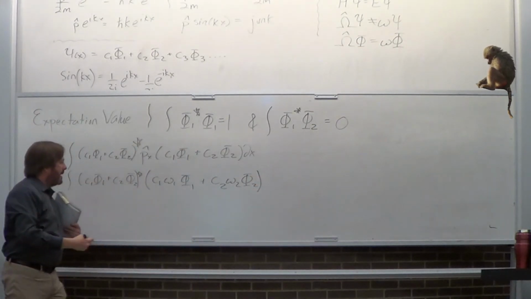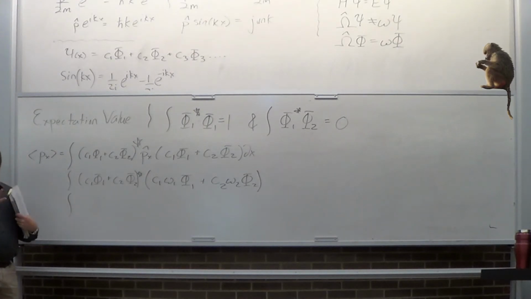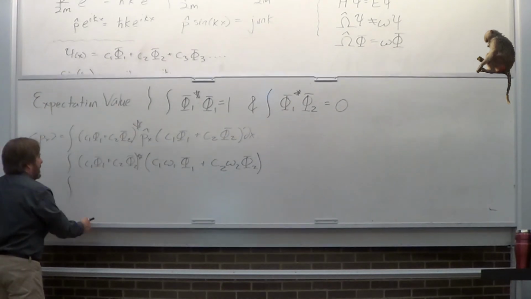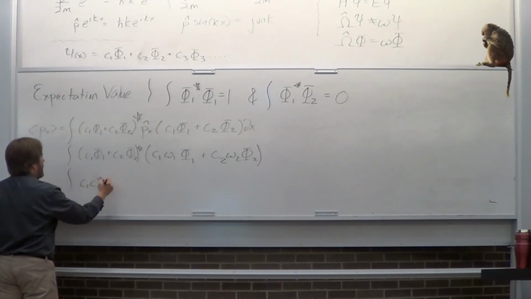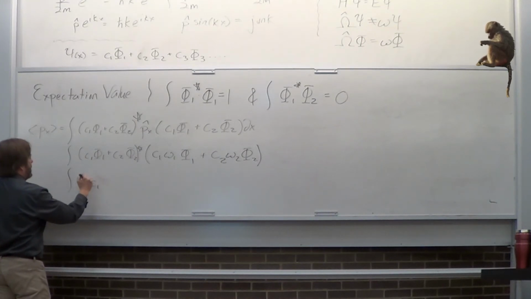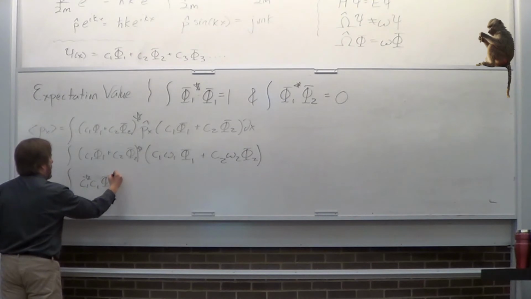Okay. Next step, where this gets kind of bonkers is that I've got to do a little FOIL thing from middle school. So what I've got is C1 star, psi1 star. Oh, I got the star on the wrong spot, not that it matters.